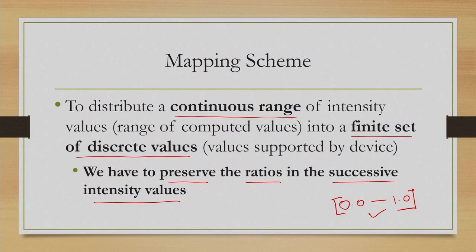If we preserve the ratio in the successive intensity values, then even if we are approximating a computed intensity to a device supported intensity, the resulting image will not appear to be distorted. This comes from the psychological trait that we have just discussed: our eyes are not designed to perceive absolute differences in intensities, instead only relative differences matter.